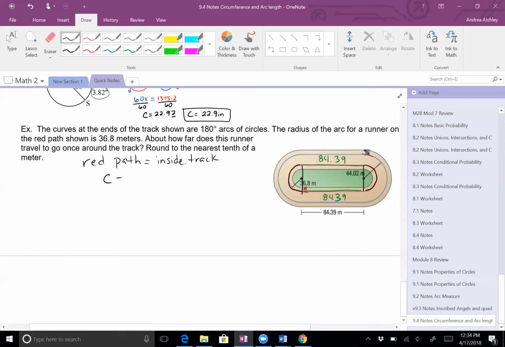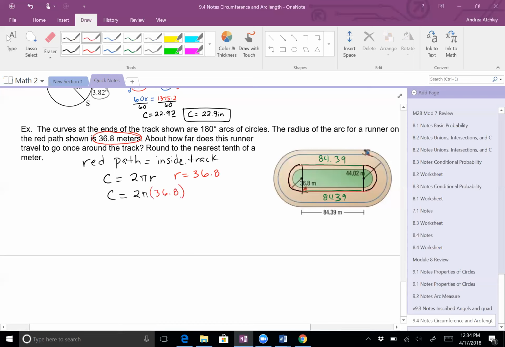So your circumference is going to equal 2 pi times the radius. They gave me the radius here, and they even wrote it in to show the radius on the picture. So the circumference of that circle is 2 pi times 36.8.